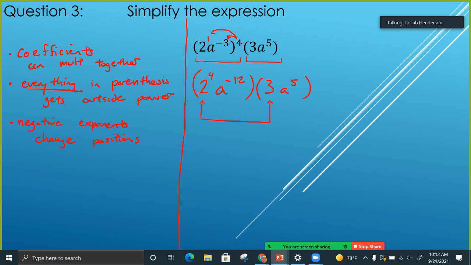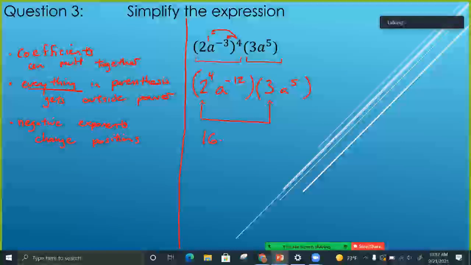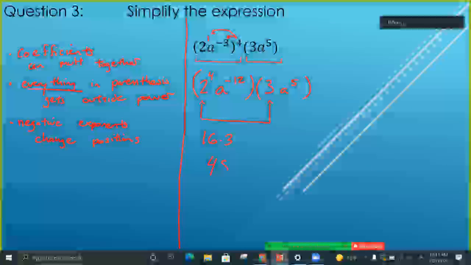If you multiply 2 to the fourth out, that's 16. And our 3, of course, is just 3. So I've started to combine those numbers. Let's continue with the coefficients, and then we'll back up and check out the a's. So 16 times 3 looks like it's 48. So we dealt with the coefficients.